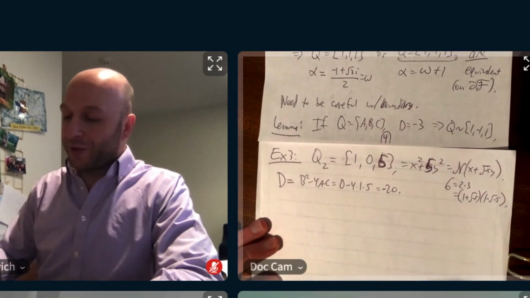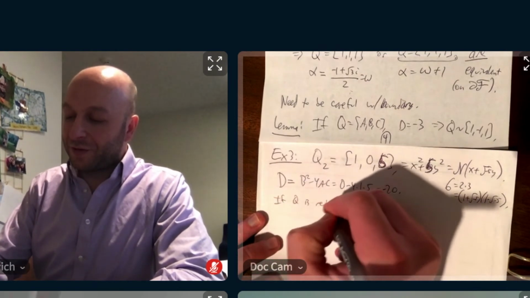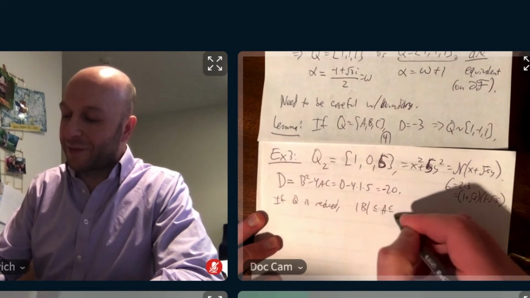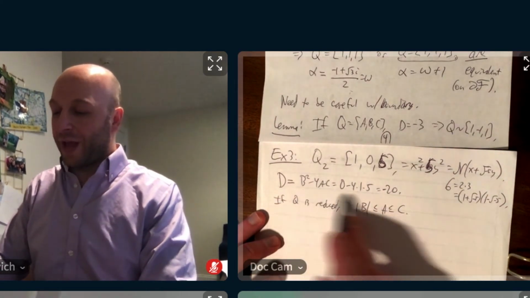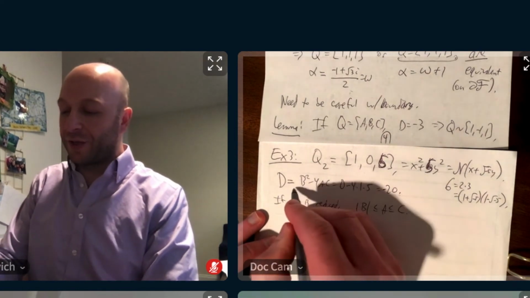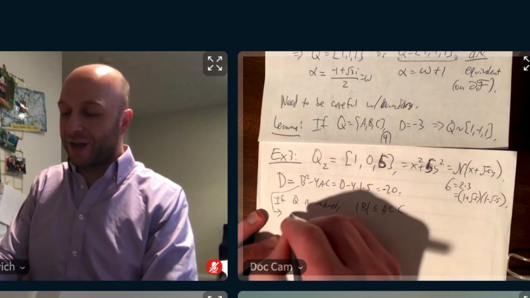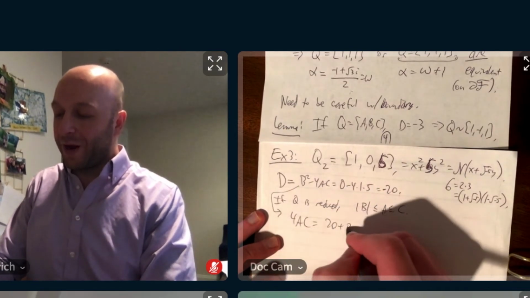What are our options? If Q is reduced, that means absolute value of B is less than or equal to absolute value of A is less than C. What do we learn? And we have this equality. Let's move things around so it's positive. I'll move this to the other side, 4AC. I'll move the 20 to the other side, 20 plus B squared.